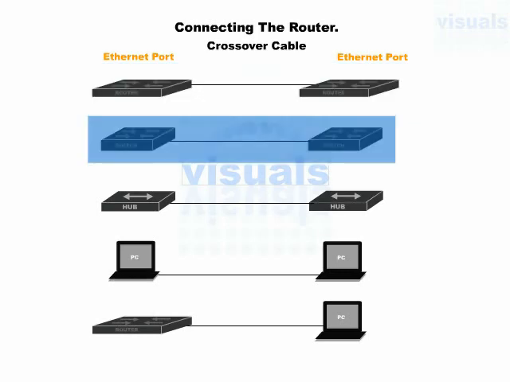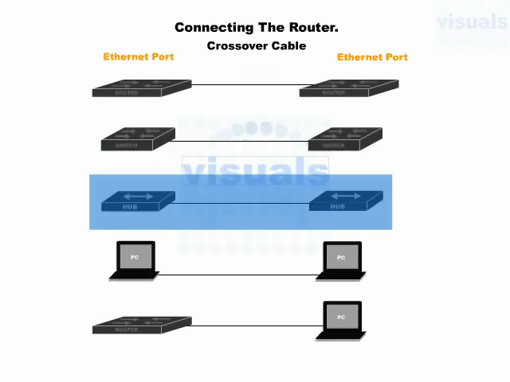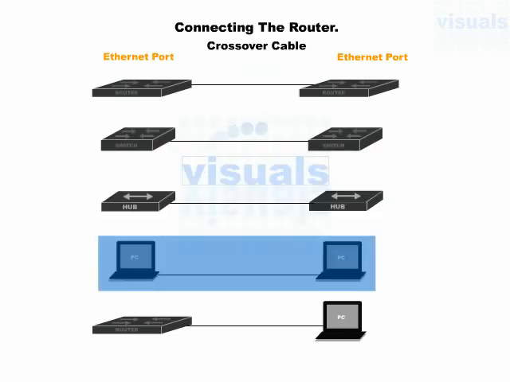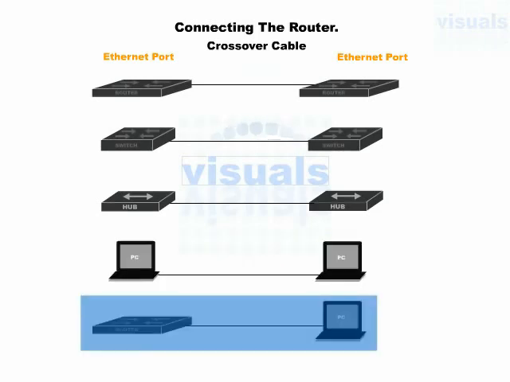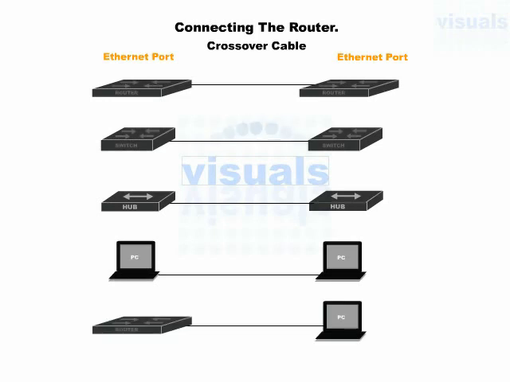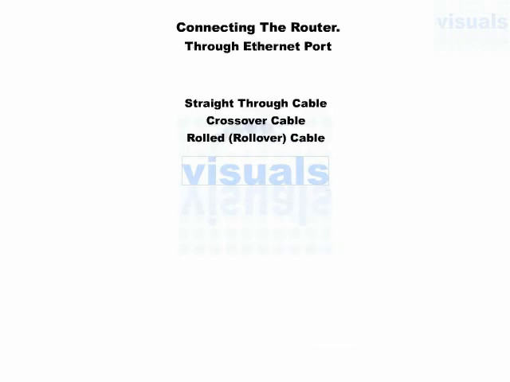We use crossover cable for connecting a switch with a switch. We use crossover cable for connecting a hub with a hub. We use crossover cable for connecting a PC with a PC, and we use crossover cable for connecting a router directly with a PC. So this is how these important cables, straight through cable and crossover cable, are created, and this is how they are used.